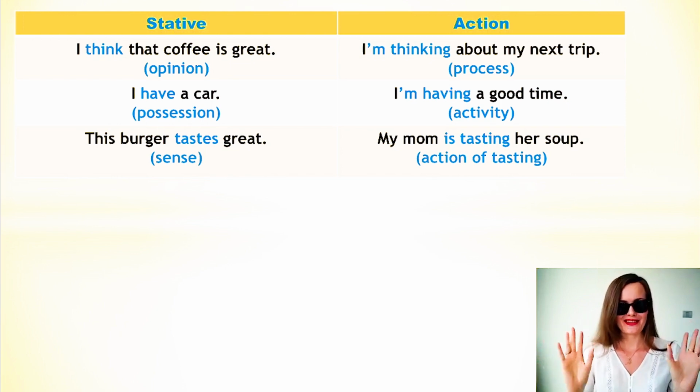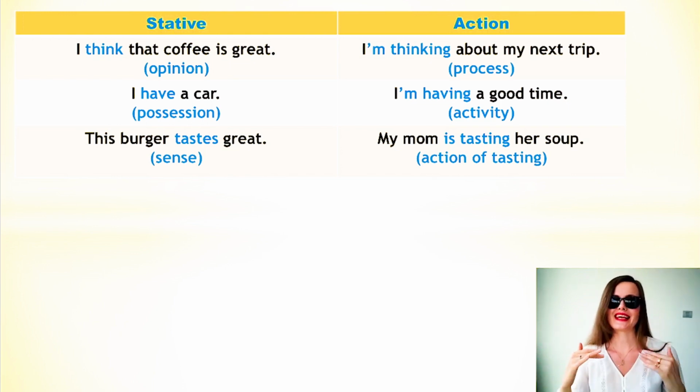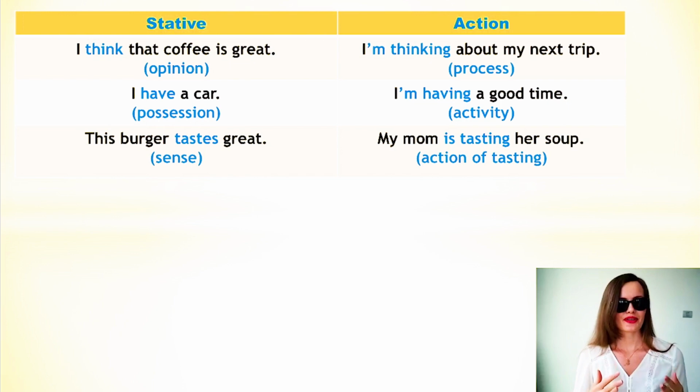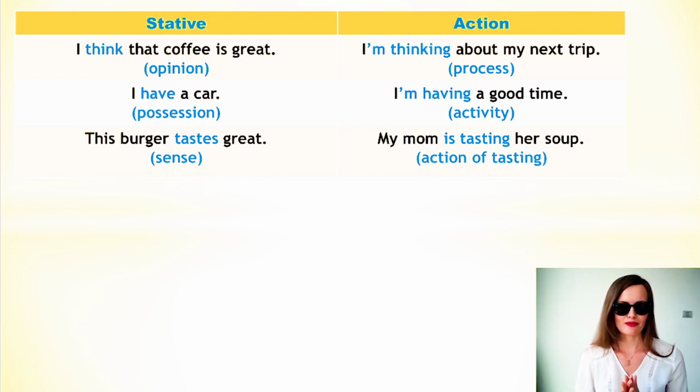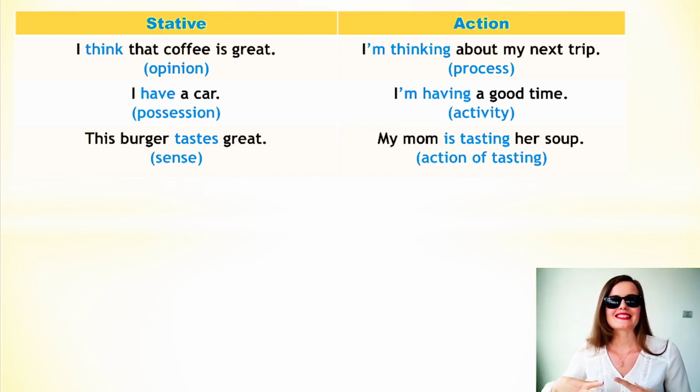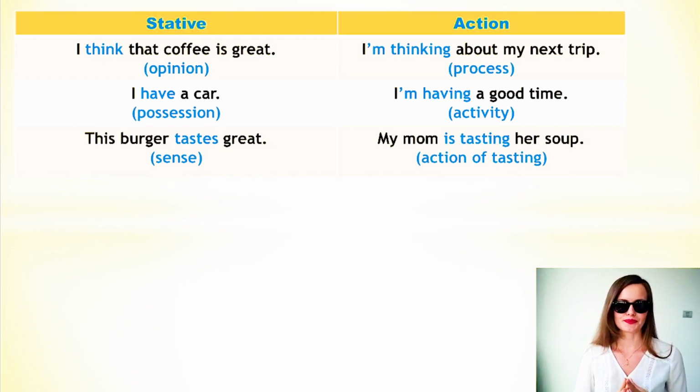Okay, let's see the third example, the verb to taste. This burger tastes great. So you eat the burger and you say, this burger tastes great. So you just described your sense, right? Sense. That's why it's a stative verb. How about in this sentence? My mom is tasting her soup.